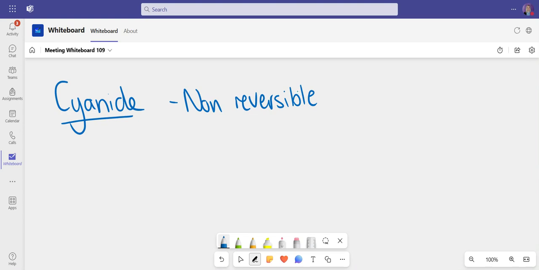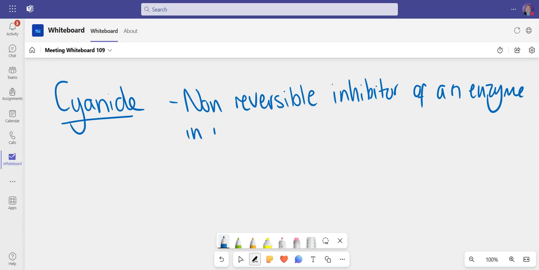So it's a non-reversible inhibitor of one of the enzymes used in respiration. Now, we know how important respiration is, don't we? Because respiration is how we release the energy from glucose. So it's a non-reversible inhibitor of an enzyme in respiration.